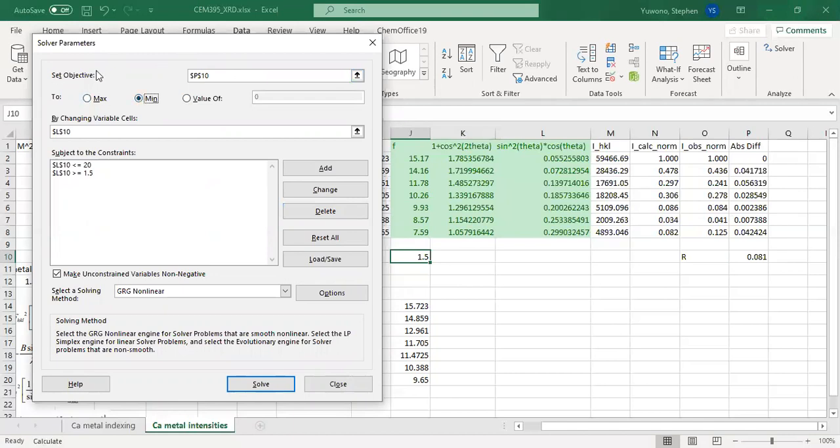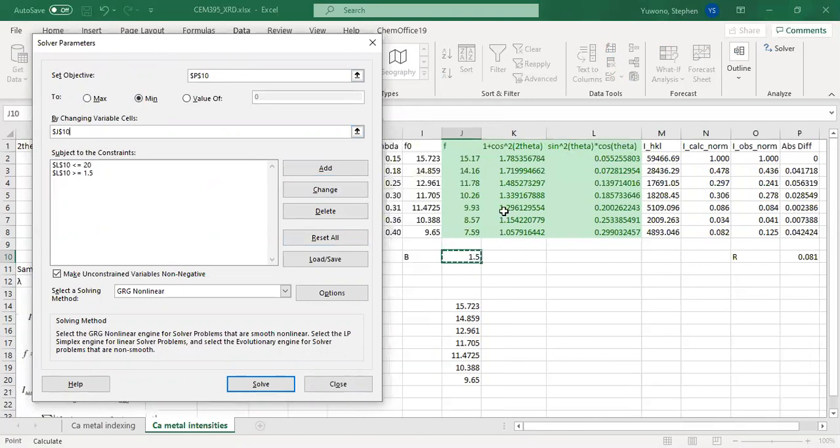It says set objective, the cell P10. I want to minimize it by changing, and you can say I want to change my B, which is in J here.